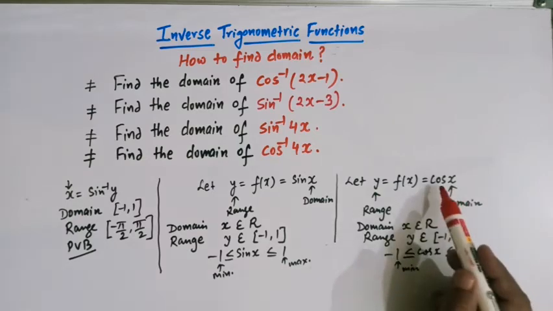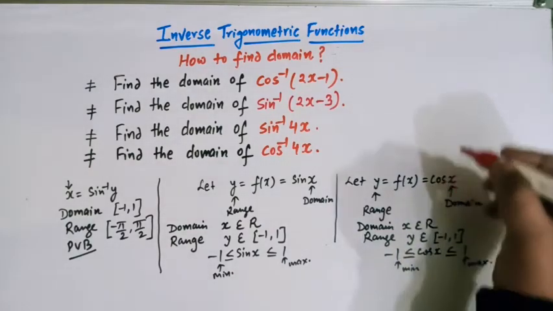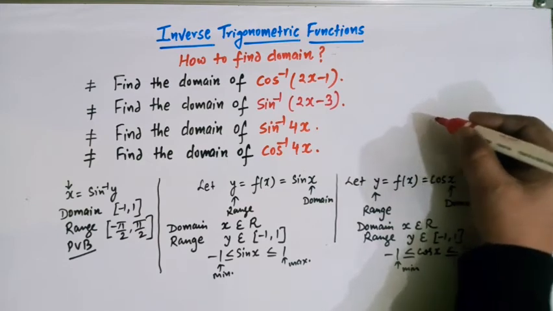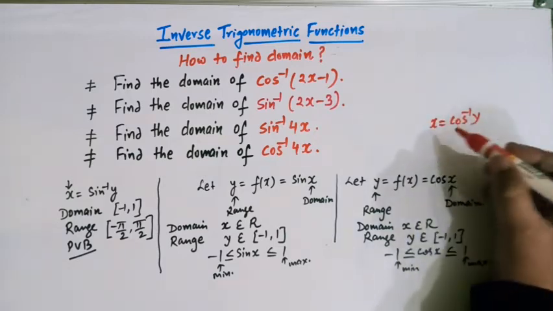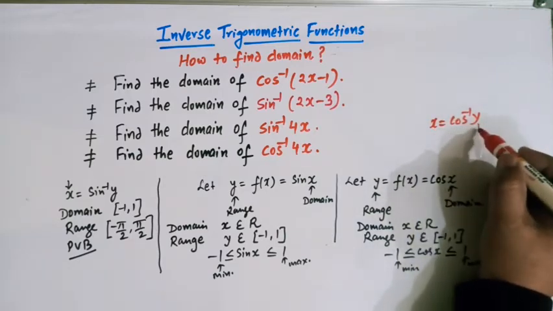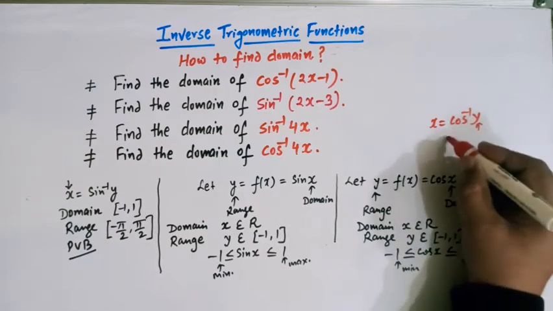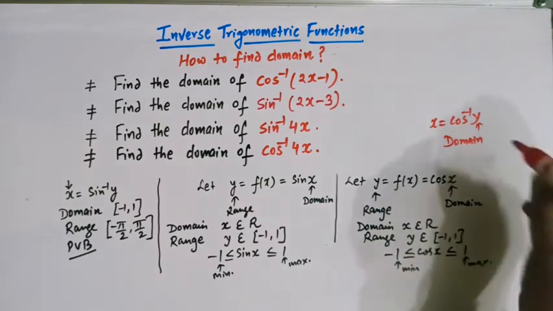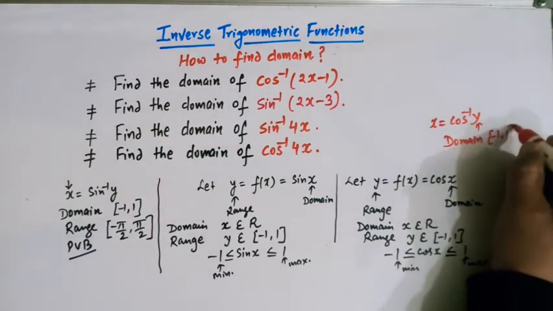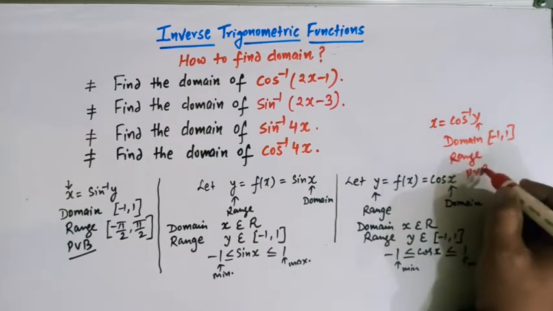So similarly we can explain the inverse cosine function. If I write the inverse cos function, then x = cos inverse y. Now this is the inverse function and this y is in the domain. So the domain is minus 1 to 1 and the range is again given by the principal value branch.